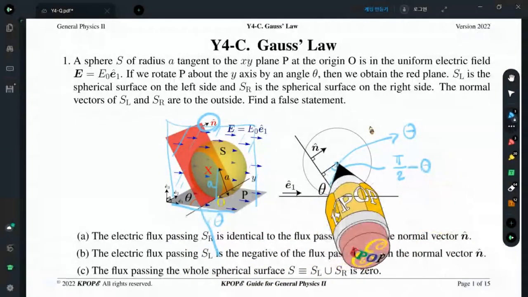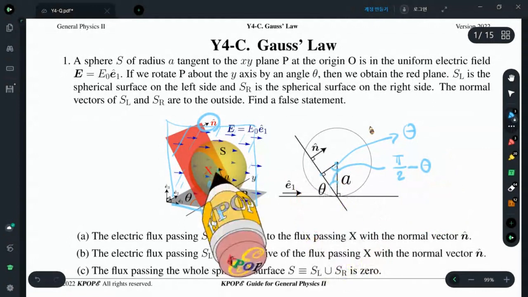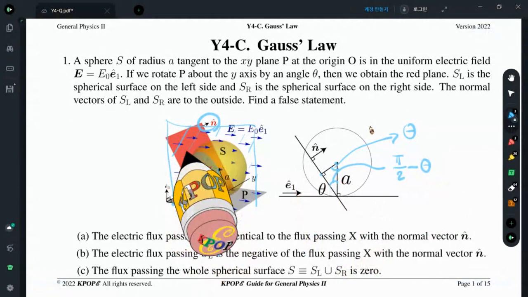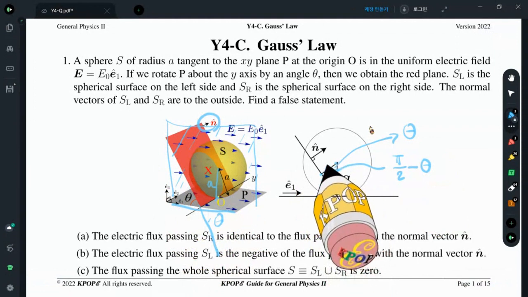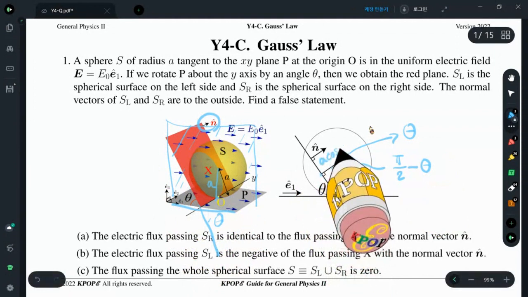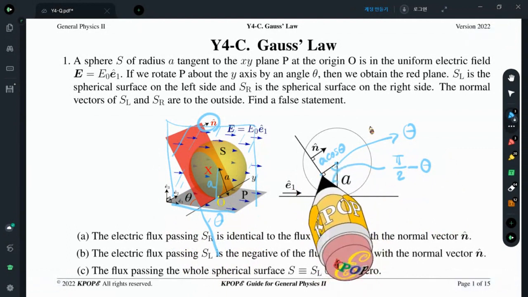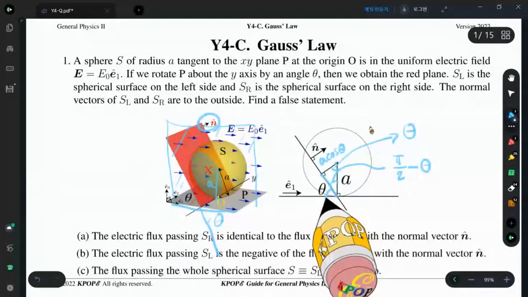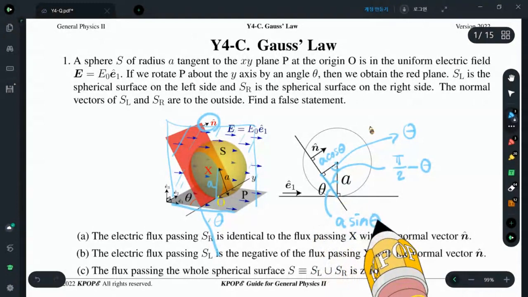Then the perpendicular distance from the center to this line, to this red plane, is a cosine theta. This is a right triangle, so this side is a sine theta.